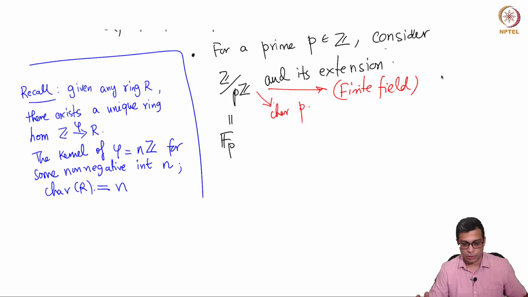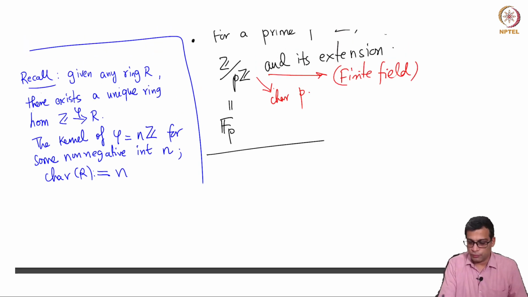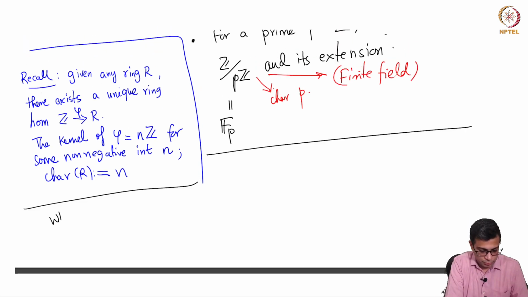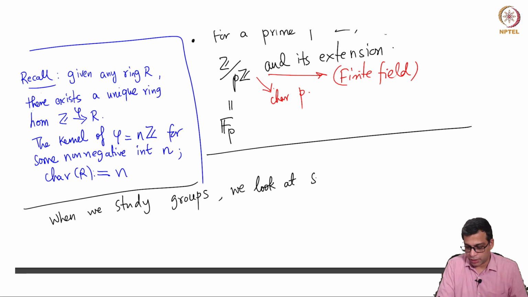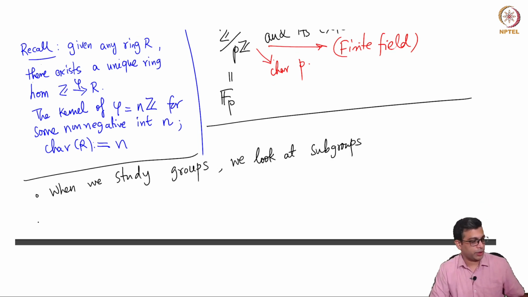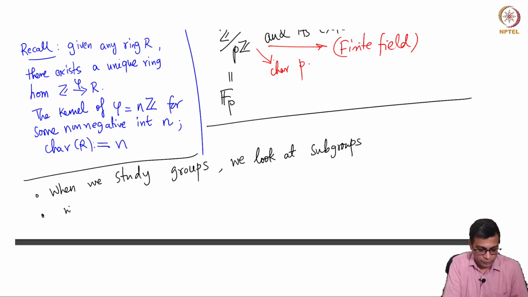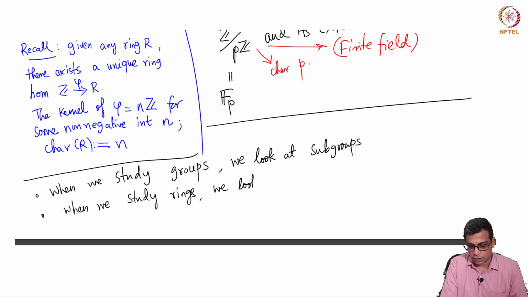I sort of mentioned this in the previous video. When we study groups, we look at subgroups. This is the object that is often interesting for us, right? To understand a group, we look at its subgroups. When we study rings, we look at ideals. Subrings are not that interesting in ring theory.